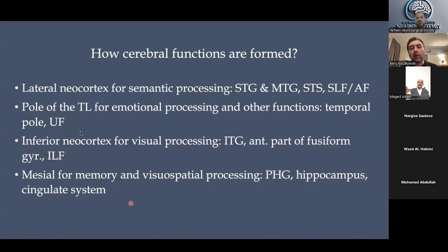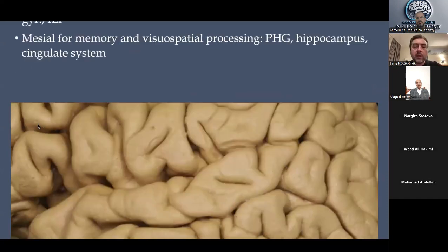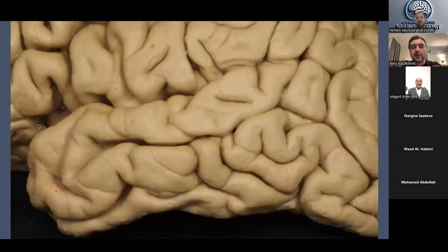And also, of course, the mesial part of the temporal lobe formed by the parahippocampal gyrus, hippocampus, and the cingulate system, which is connecting with the limbic lobe. Let's go further again to the anatomy. From now on, we'll be seeing both cortical areas and subcortical areas forming these different functions.